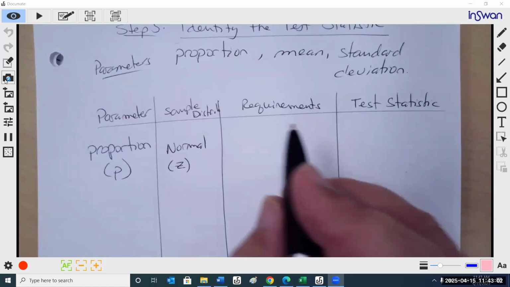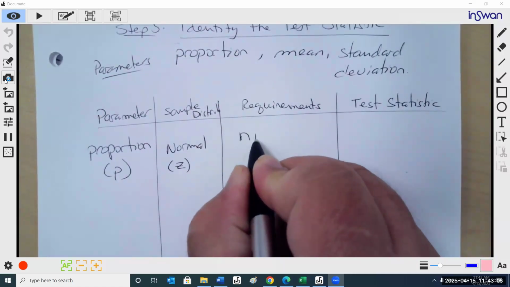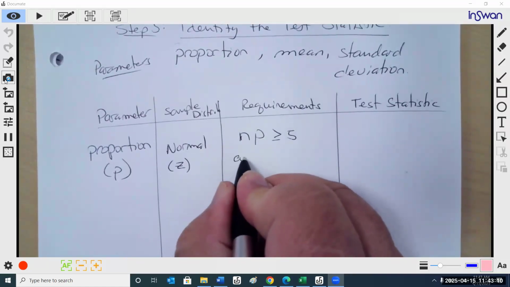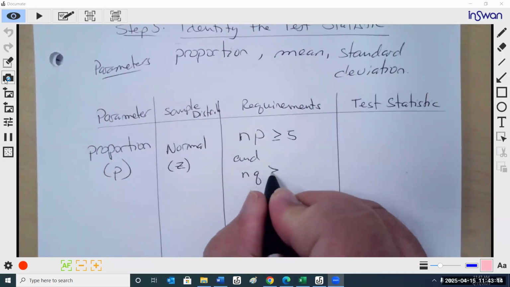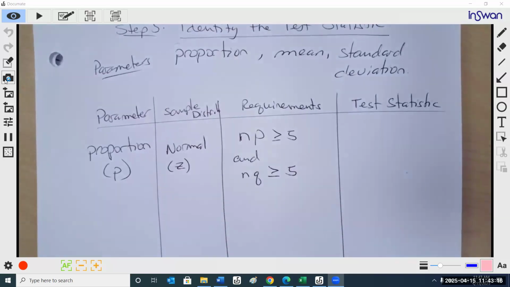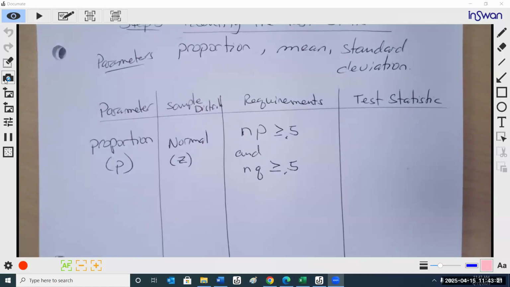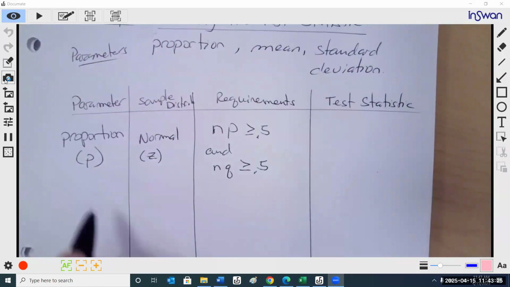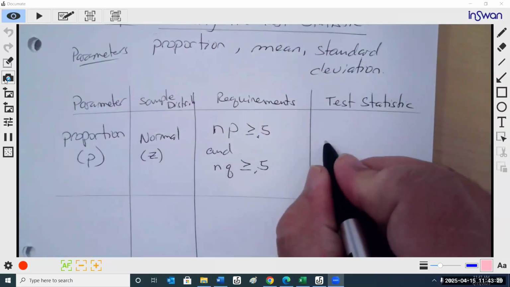So what are our requirements here? N times P has to be greater than or equal to 5, and N times Q has to be greater than or equal to 5. So if that's the case, remember, we have to use a z.